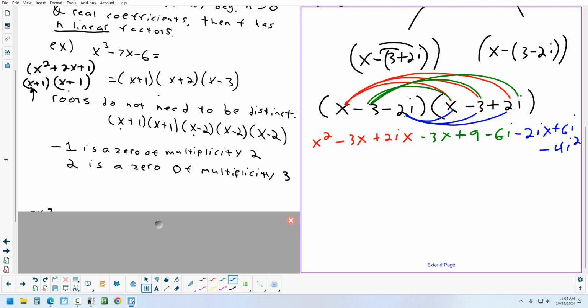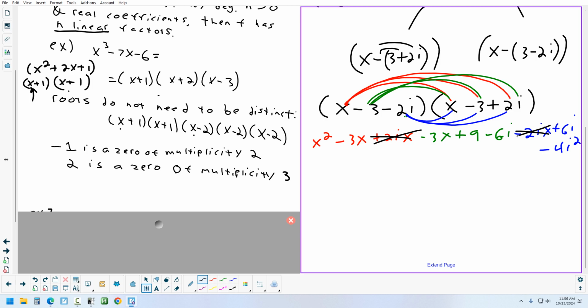So now, looking at what we have there, some things are going to cancel. Does anybody see something that cancels? 2ix. What does that cancel with? The negative 2ix. What else cancels?